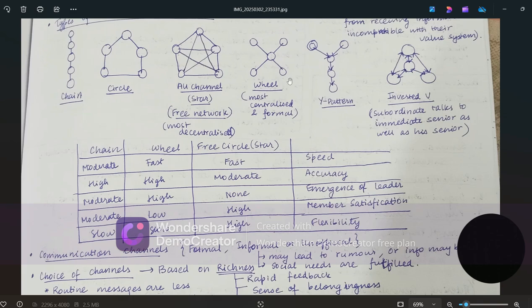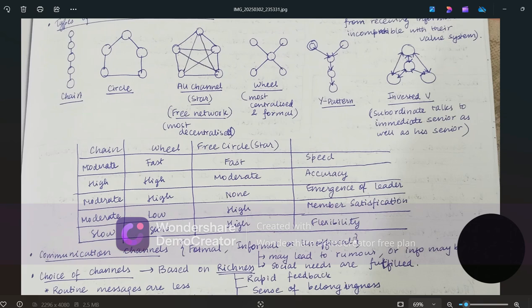Now accuracy in wheel will be high, in chain it will also be high, in all star it will be moderate. Emergence of leader in wheel will be high, in chain moderate, but in all star low. Member satisfaction in wheel will be low, in all star high, in chain moderate.